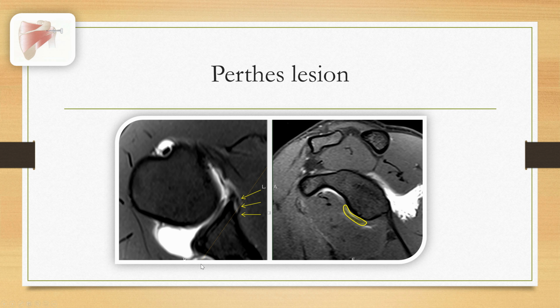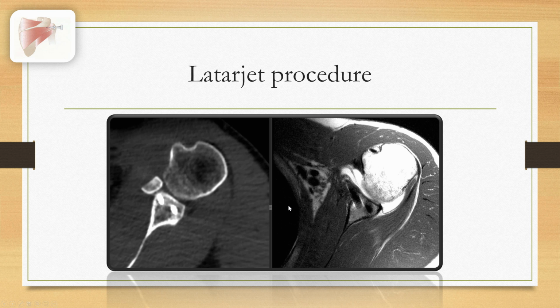This is another form of Bankart lesion, Perthes type, with periosteal stripping of the anterior labrum, and because we injected fluid into the joint, we can see this fluid going into this stripped area, and you can also see chondrolabral damage in this area.